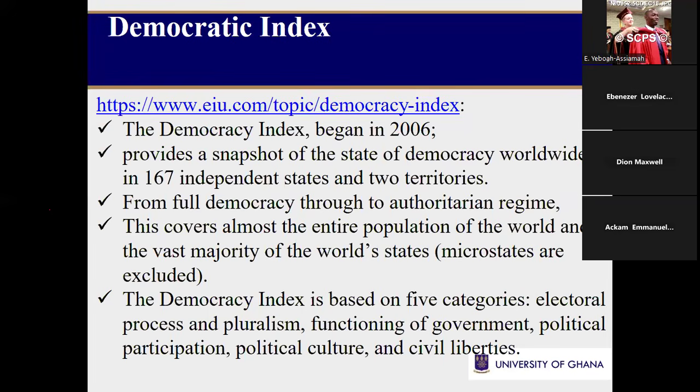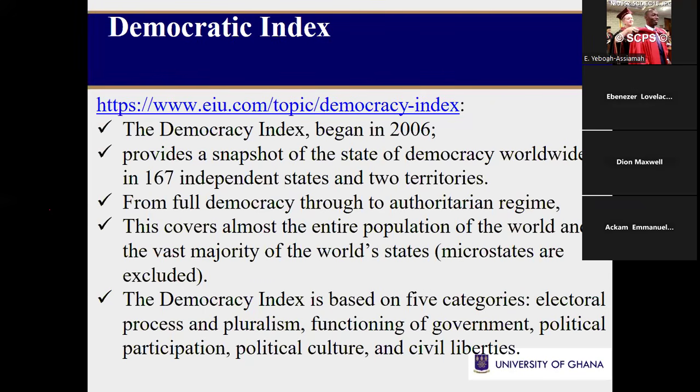And so if you are a reputable organization, you don't want to meddle in global political affairs. For you to say 169 independent states, maybe those 2 are contested by other bigger states, so you don't want to surround yourself with this controversy. So you say, well, 2 territories. But in effect, they are de facto states. Are you with me? That's what I want you to say. Now, so they measure 169 entities, and they assign some scores to them.